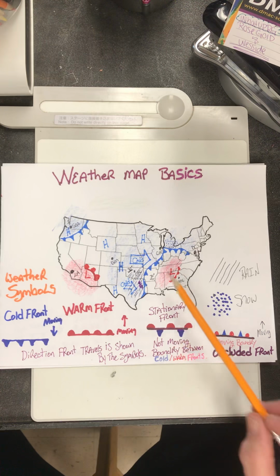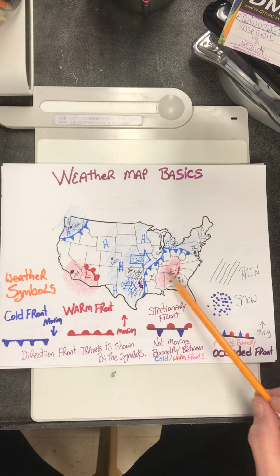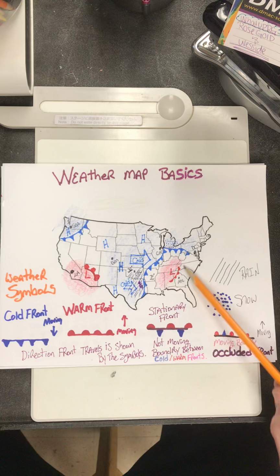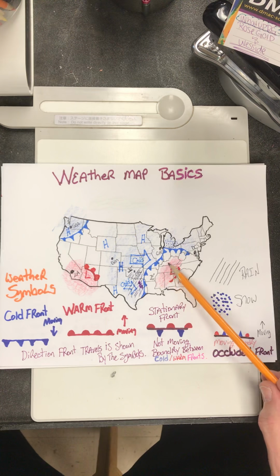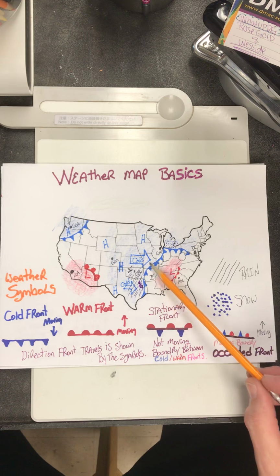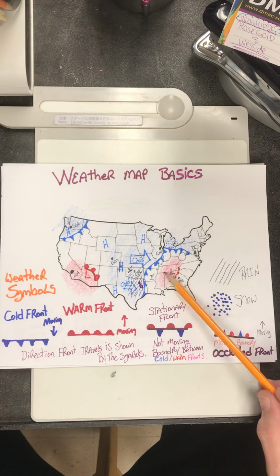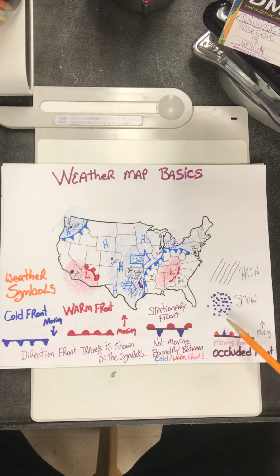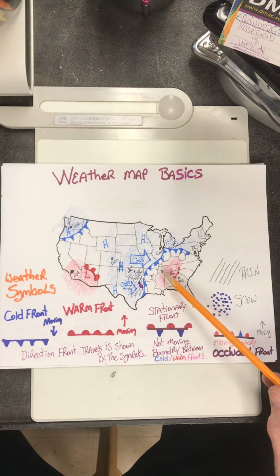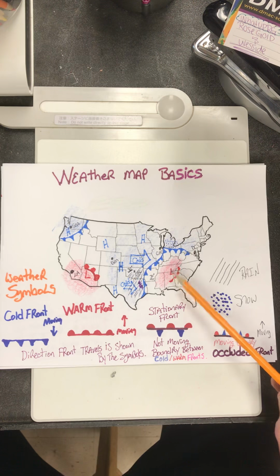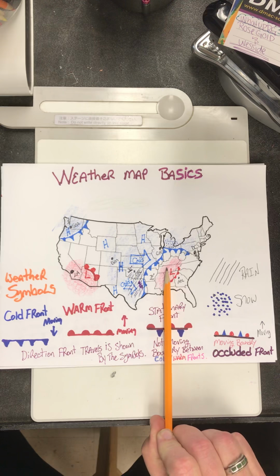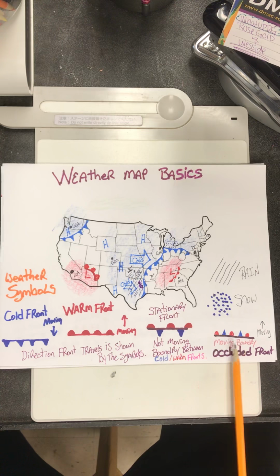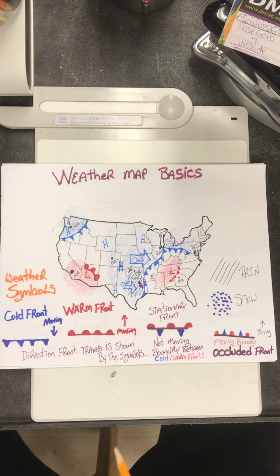A stationary front would be if this cold front came up and just stopped as it hit this air mass. Or if it slowed down to almost a stop but just barely kept moving, and then this low warm mass moved this way and the cold mass kind of trailed, you might end up having a moving boundary.